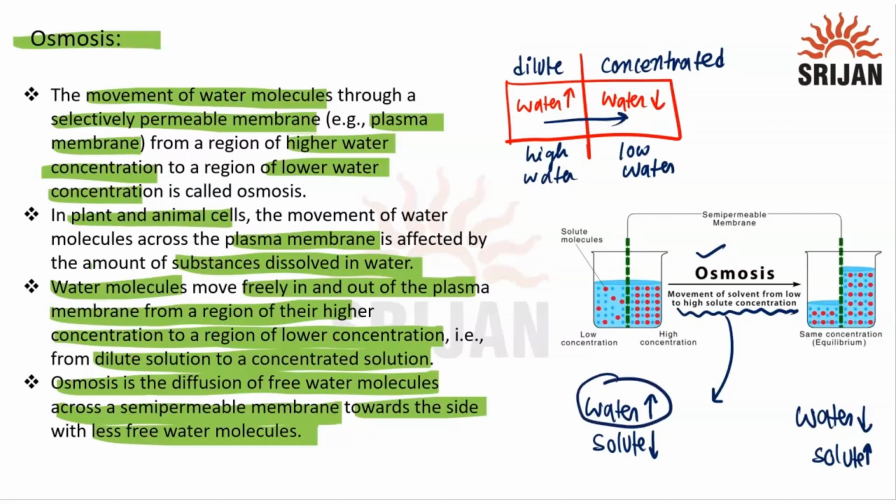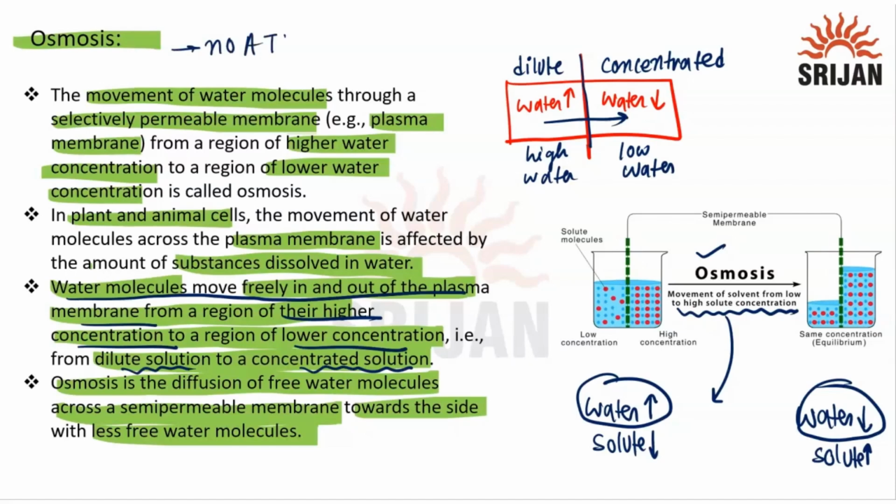Water is passing, from its high concentration to its low concentration across the selectively permeable membrane. Water molecules move freely in and out of the plasma membrane from a region of high water concentration to low water concentration, from dilute solution to concentrated solution. Here also no ATP is needed, so it comes under a passive process.